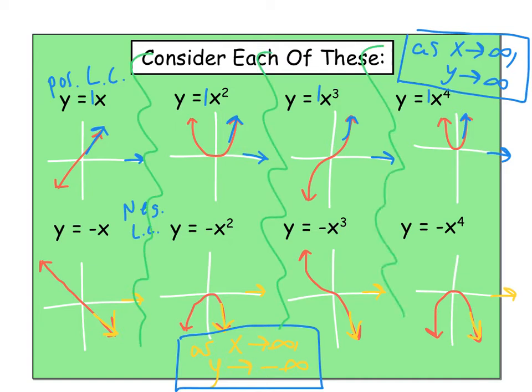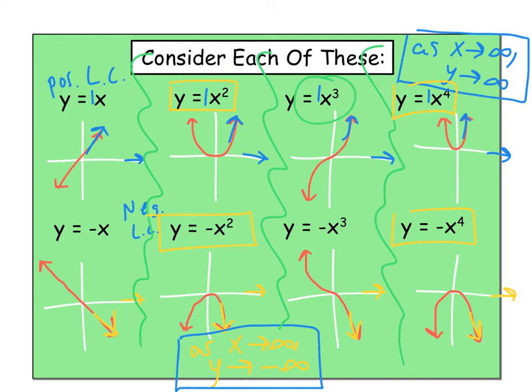If you take a look, let's separate these this way. Take a look at the ones that have an odd degree, the y equals x and y equals negative x. Can you see how both ends go opposite directions? Think of a linear function: one end's going to go up, one's going to go down. The x cubed, one end goes up, one end goes down. The even degree functions, though, your x squareds and your x to the fourths, both ends go the same direction.